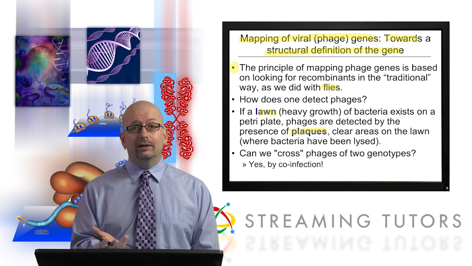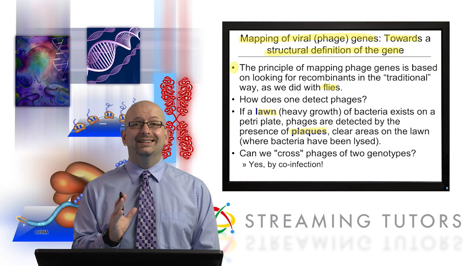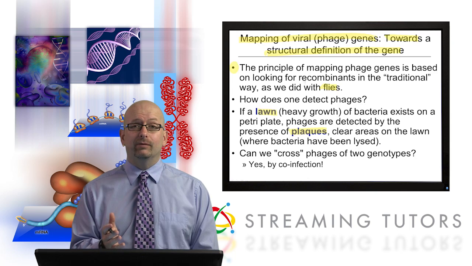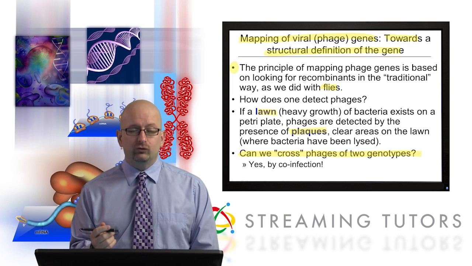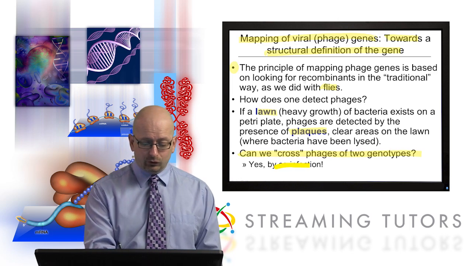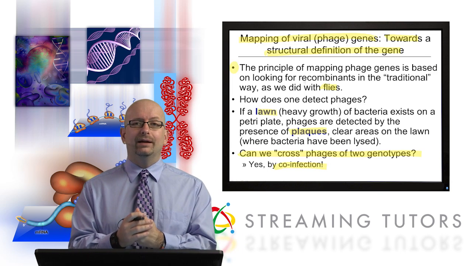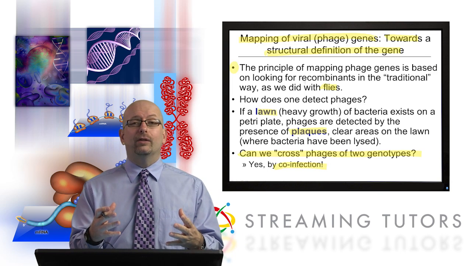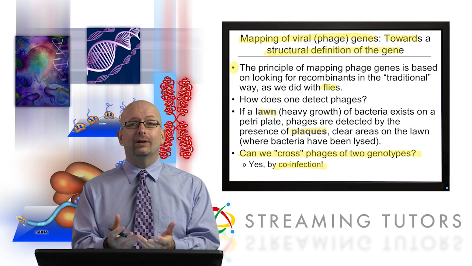Now, certainly viruses don't have sexual reproduction, which is usually demanded for this type of mapping. But we can, in a very real sense, cross phages of two different genotypes by doing a process called co-infection. All co-infection means is that for this bacterial cell that's going to be attacked, we put phages of two different types in there.